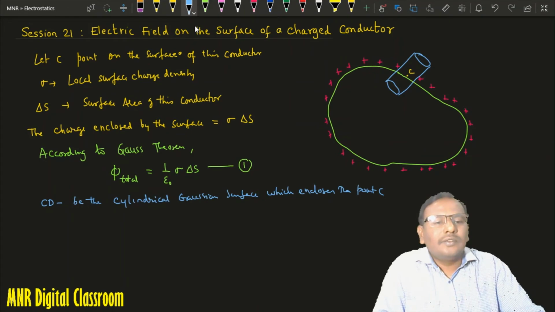Now, this cylindrical Gaussian surface has three surfaces.